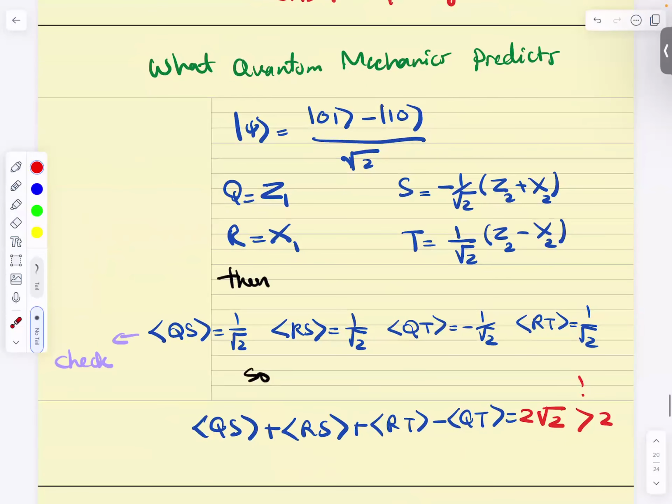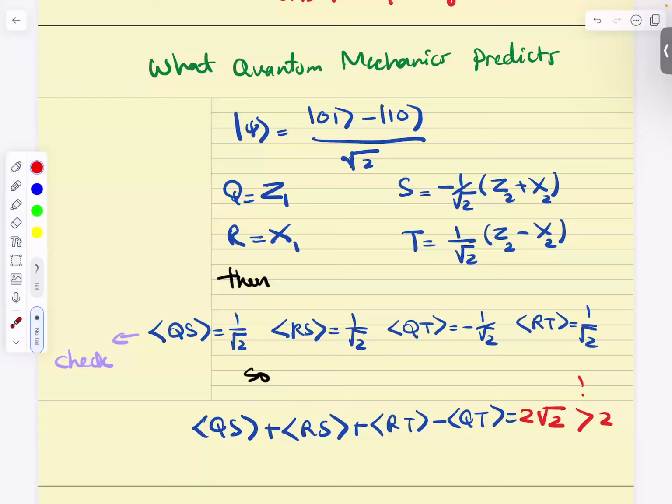Good. Now here's an exercise for you. Take your state. Let's say Charlie sends them this EPR pair, this Bell state, and Q is measuring the Z component of the spin. X is, this is for Alice. Alice, the two choices she has is either measure Z or X. And Bob is either measure Z plus X or Z minus X. These are orthogonal measurements. All right? So just do the calculation.